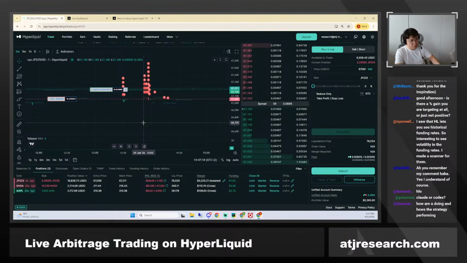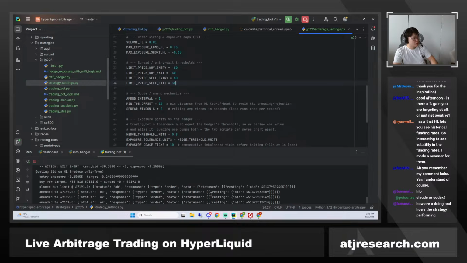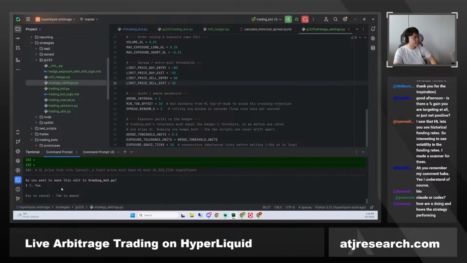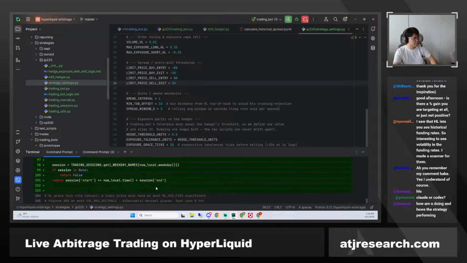It always tries to lower the risk and then enter a new position. So now the logic is exiting the position. Maybe I could try to make two-sided quotes inside a thread. But first, let's apply the trading sessions in V1.